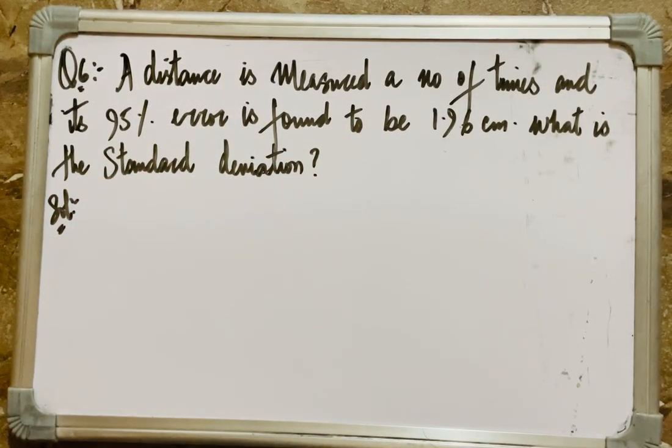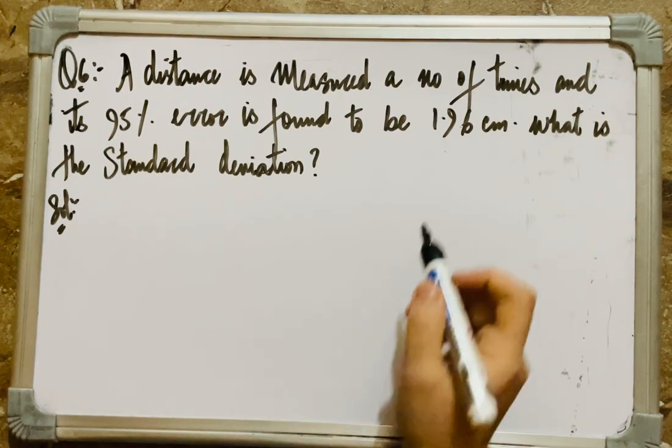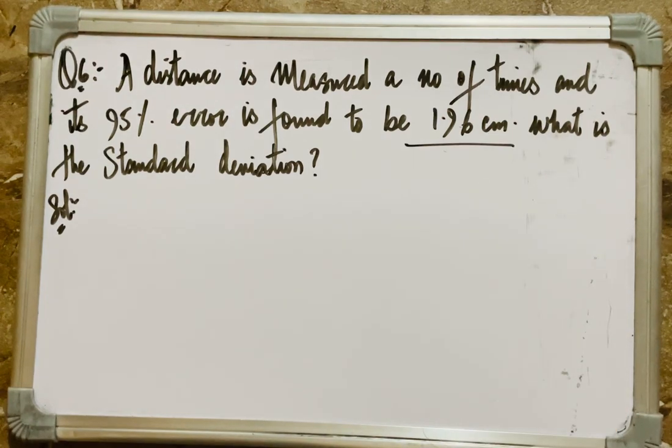All right, so let's try to solve this. A distance is measured a number of times and its 95% error is found to be plus minus 1.96 centimeters. We have to calculate the standard deviation.